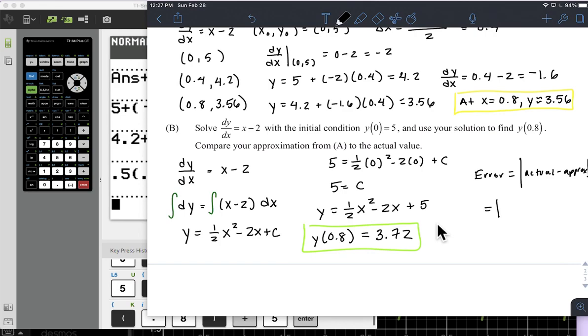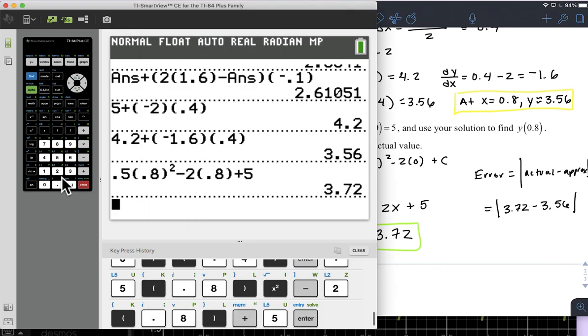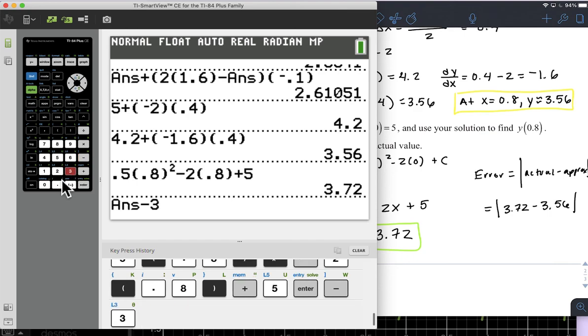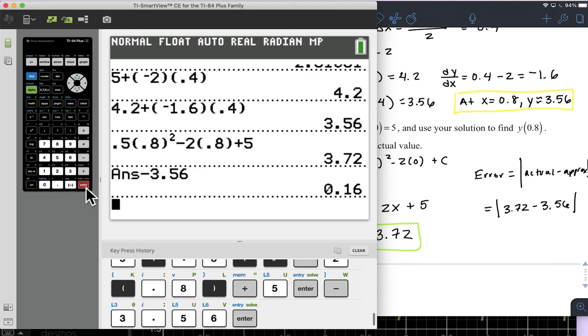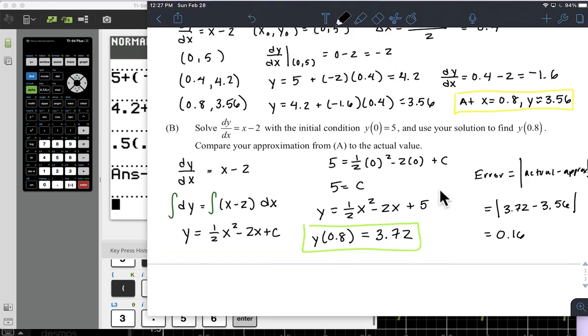So we're going to get that the actual was 3.72 minus 3.56. I'm too tired to do decimal math today. So minus 3.56 from that, right? So we get an error amount of 16/100ths. That's not bad, right? So we were only off by 16/100ths. It's not a bad estimate.